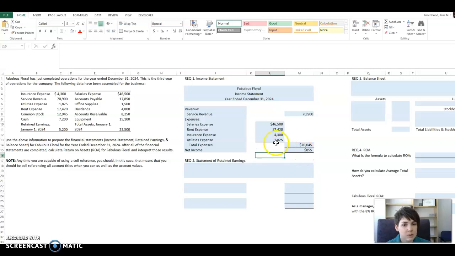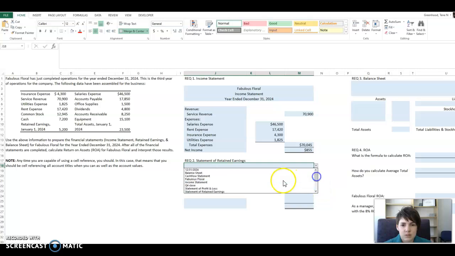Had this been a negative number, so we'll just change this to 50,000, you would see it in parentheses, and that would be a net loss instead of a net income. So change that back, we have our net income of $855. And so our income statement is complete, and we can move on to the statement of retained earnings.